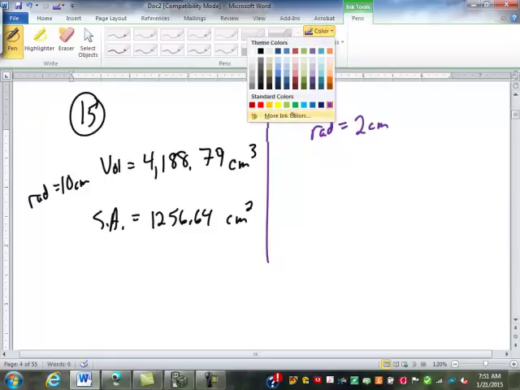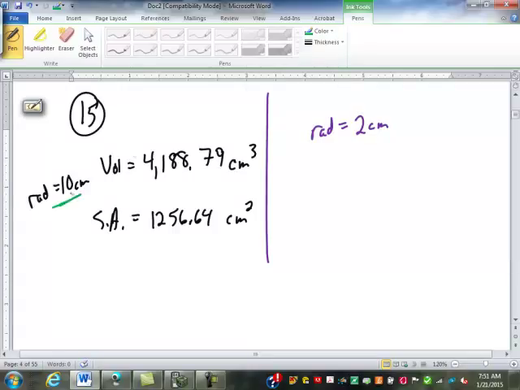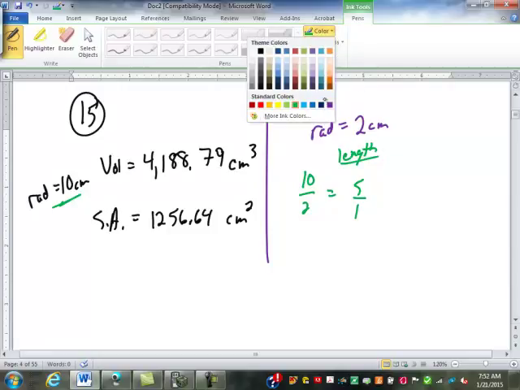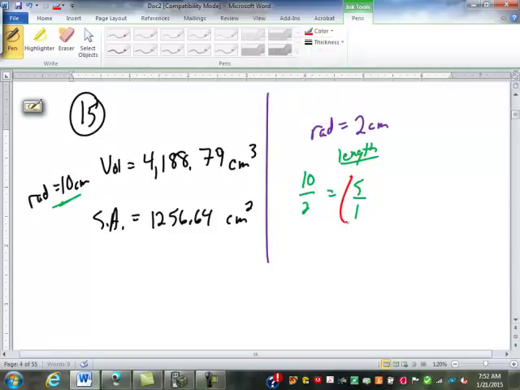Now, we could just use our formula for surface area if we wanted to, but for those of you that don't remember that from last semester, we can use the ratios here. We have a 10 to 2 or a 5 to 1 ratio of radiuses, or ratio of lengths. To compare surface area, squared or cubed? Squared.